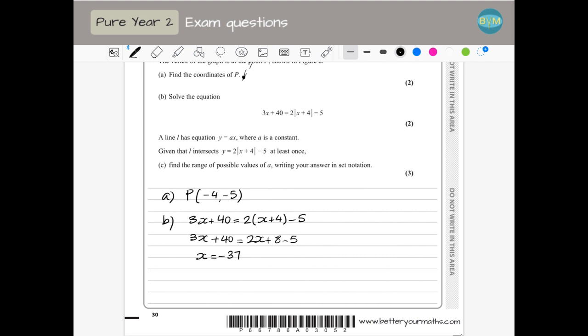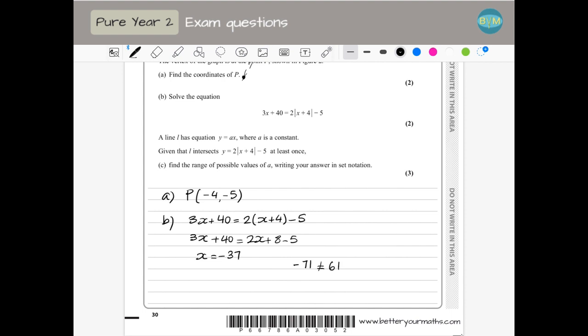Let's check what happens with this solution. To see if it's a solution for this equation, I'm going to substitute in the left-hand side and compare with the right-hand side. On the left-hand side, I have -37 times 3 plus 40, which is -71. On the right-hand side, if I substitute the -37, I have -37 + 4 is -33, the absolute value of that is 33, and then 33 times 2 minus 5 is 61, positive 61.